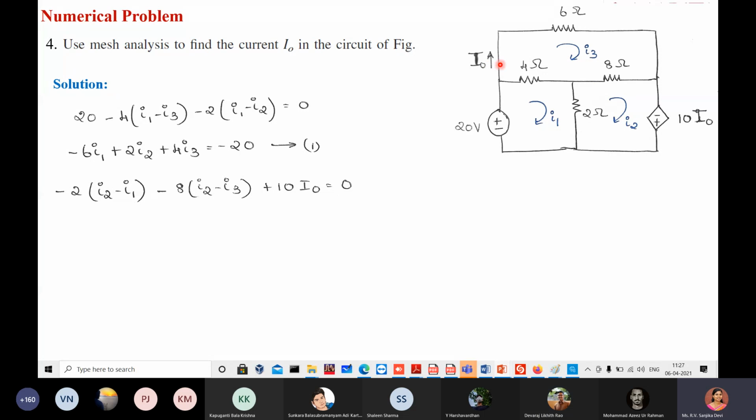I0 is the current in this branch, and for the 6 ohm branch, the same I3 is flowing. So we can directly write I0 is equal to I3. Yes, I0 is equal to I3. Substitute back in the previous equation so that you can simplify this.